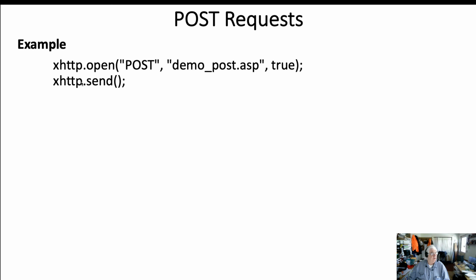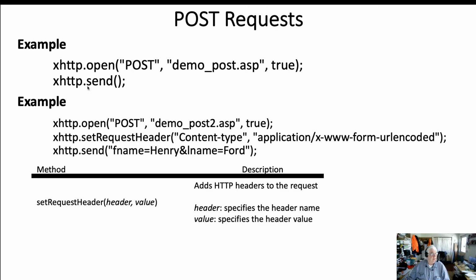Post requests: XHTTP.open, and then the command post, where you're going, and then a true or a false, and XHTTP send. Here's an example where we're sending more than we had before, and we're using the send to move data.